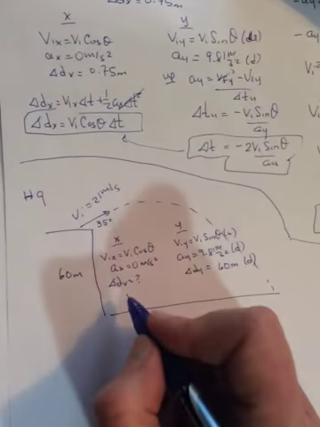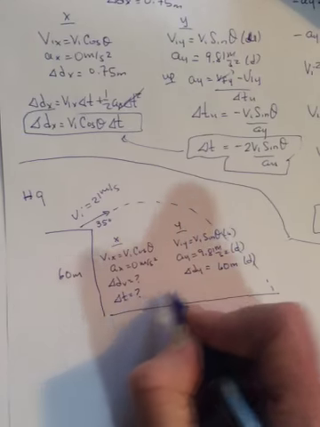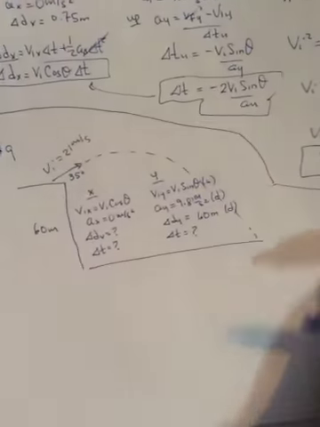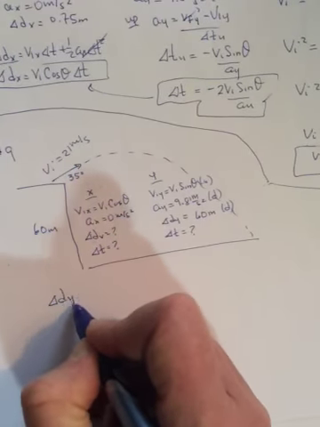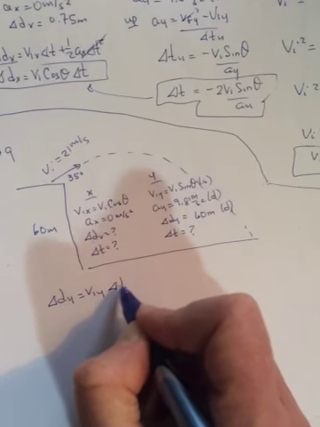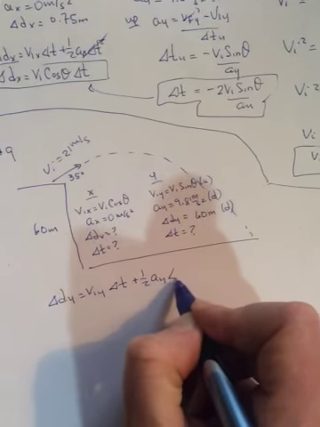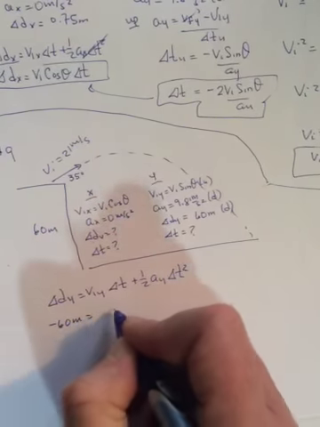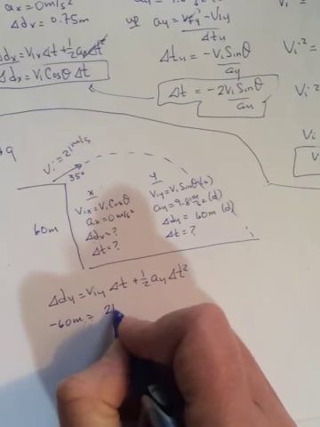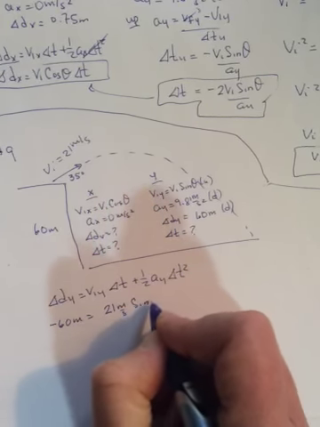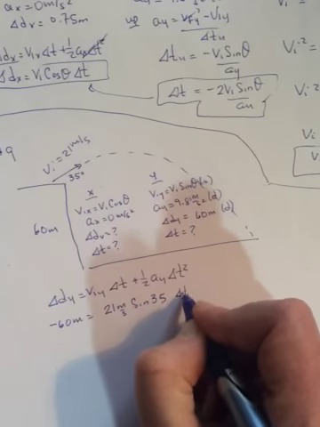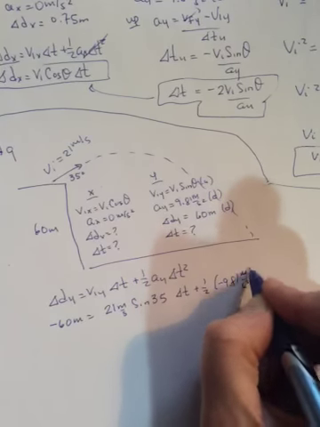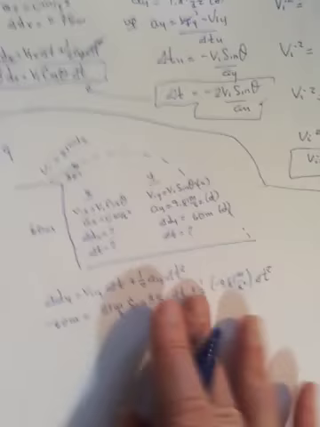Okay, so what we don't know is the time, and once again we're going to find it in the y direction, and once again it's going to be the quadratic. So delta dy is equal to VIY delta t plus 1/2 AY delta t squared. And so minus 60 is equal to 21 meters per second sine of 35 delta t plus 1/2 negative 9.81 meters per second squared delta t squared.